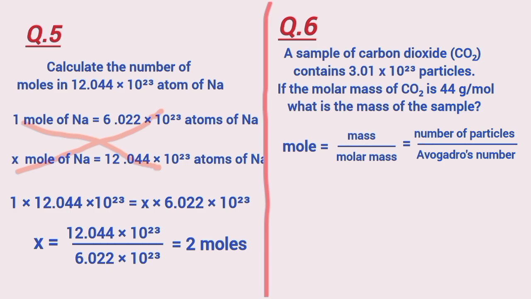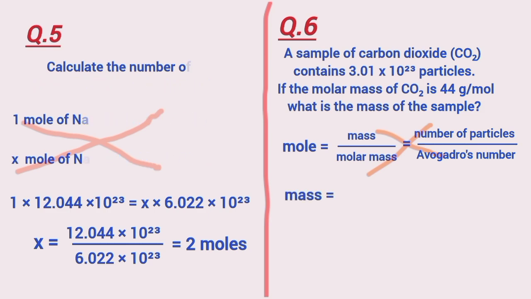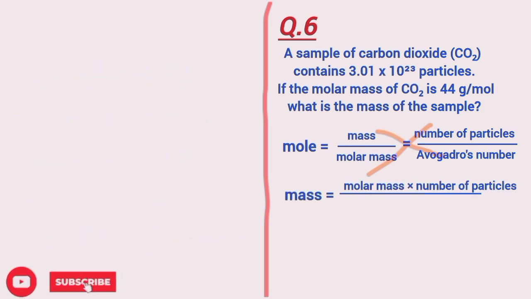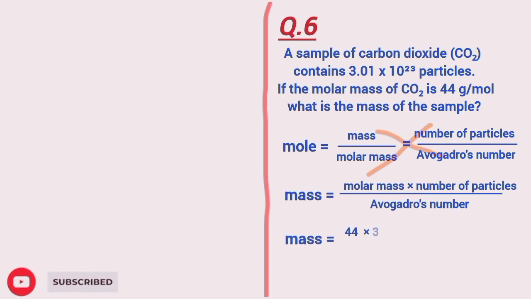So we cross multiply, making mass the subject of the formula. So mass is equal to molar mass times number of particles over Avogadro's number. We are given the molar mass as 44 grams, the number of CO2 molecules as 3.01 times 10 raised to 23, and we know that the Avogadro's number is 6.022 times 10 raised to 23.